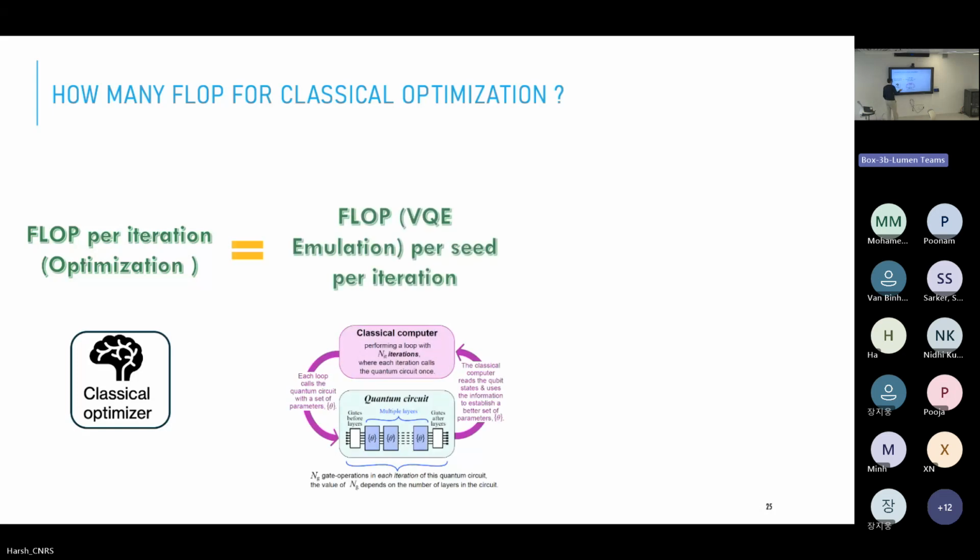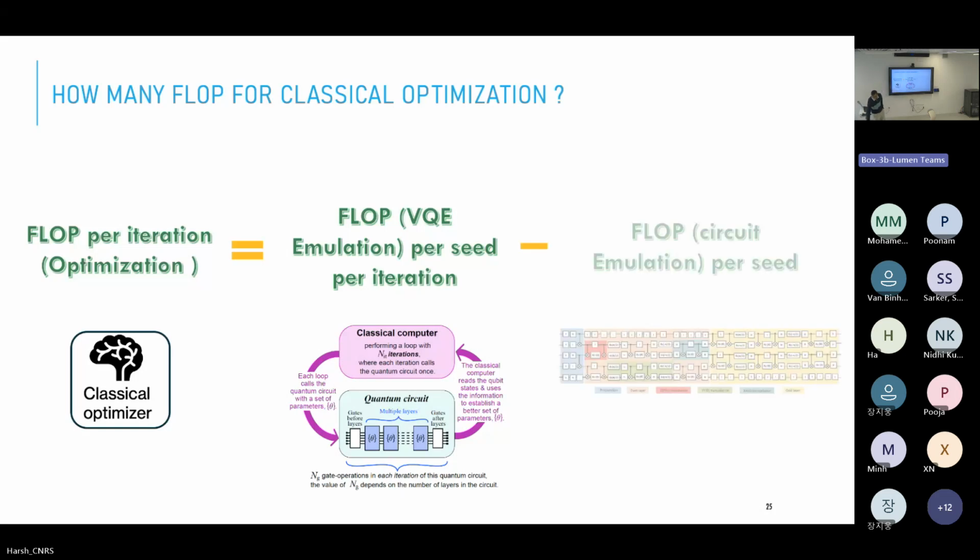We do it on a computer, we find how many flops were required for doing the entire VQE, and then subtract the emulation required only for executing the circuit. So in a VQE, there are two major things. One is iteration, the other is circuit. When you remove the cost of emulating the circuit, you're left with emulation of iterations, and that we could benchmark.